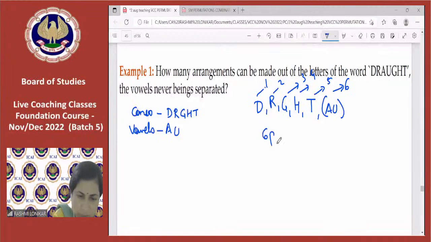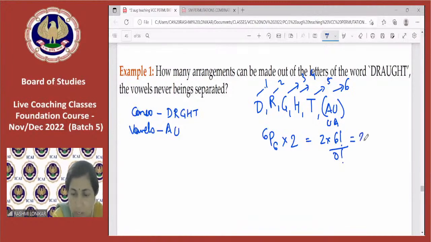So this is 6P6, but this AU, I can write as AU or UA. So what are the options here? 2 options, so into 2. So this is 2 into 6 factorial upon 0 factorial, which is 2 into 720, which is equal to 1440.